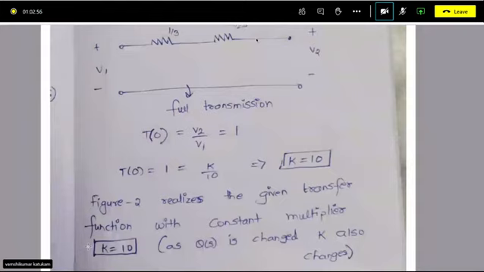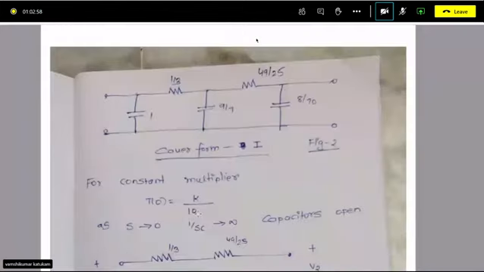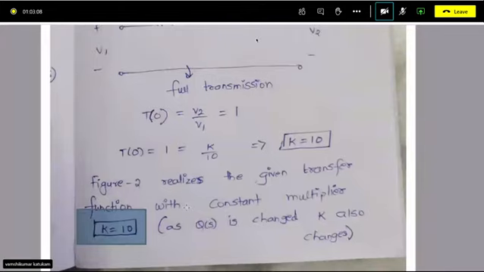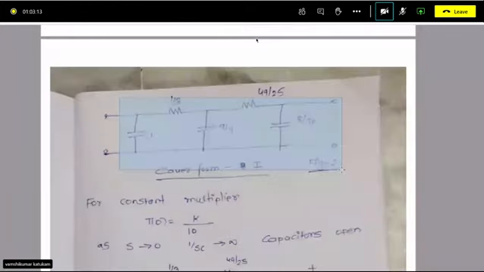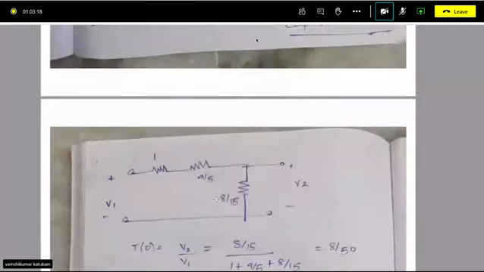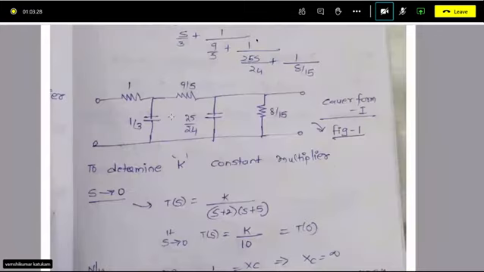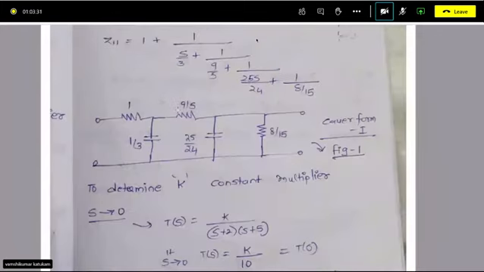Okay. So what we have seen is the problem is the same, but if you change capital Q of s, K has also changed, and the network has also changed. Because in the previous case, when capital Q of s was s plus 1 into s plus 3, your network was this, and the K value was 8 by 5. The network element values are also different.